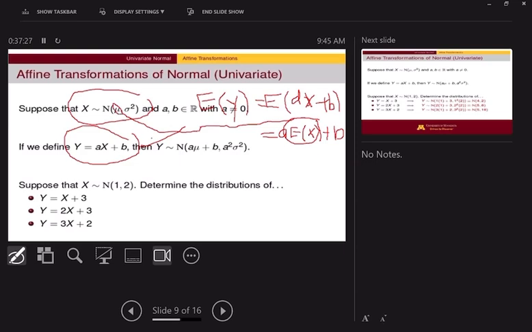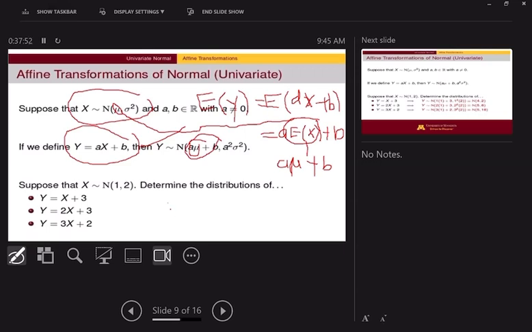So if I rewrite what I have here, I'm going to write A times the expected value of X, which is mu, then plus B. Which means the mean of Y, which is revenue in this case, is this.